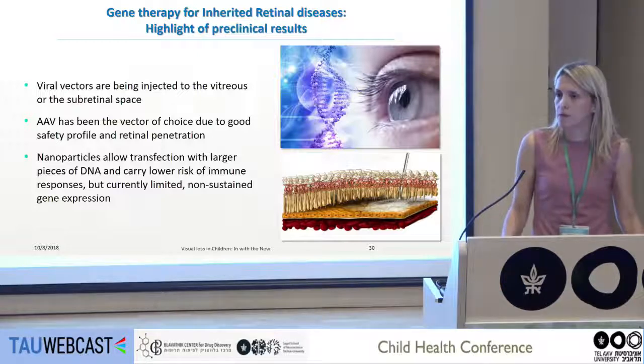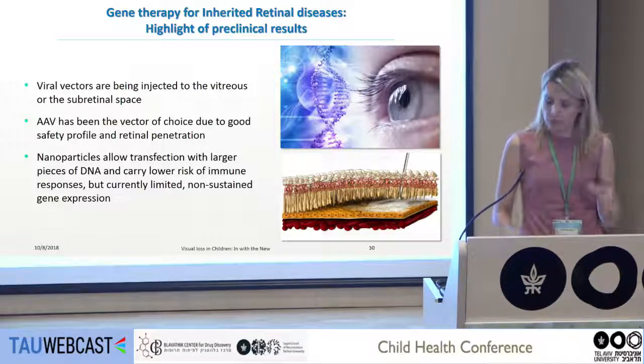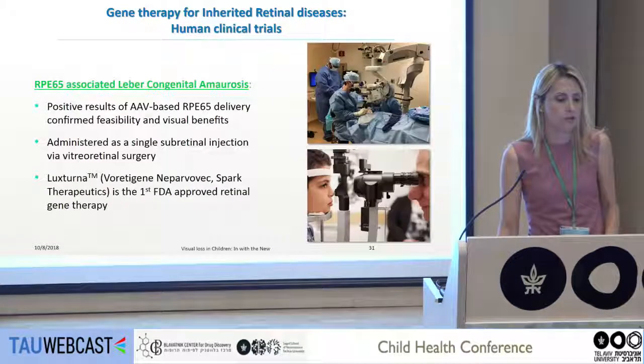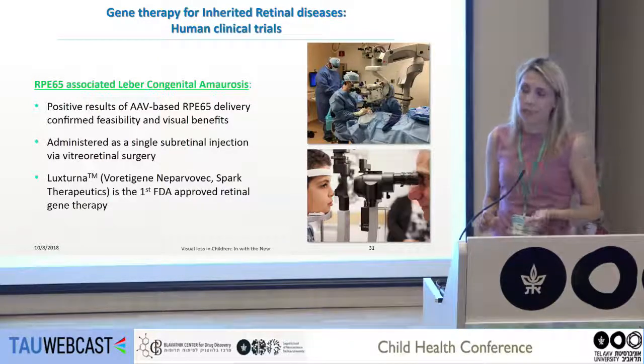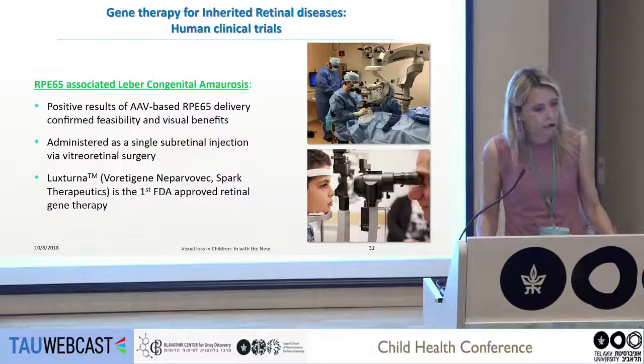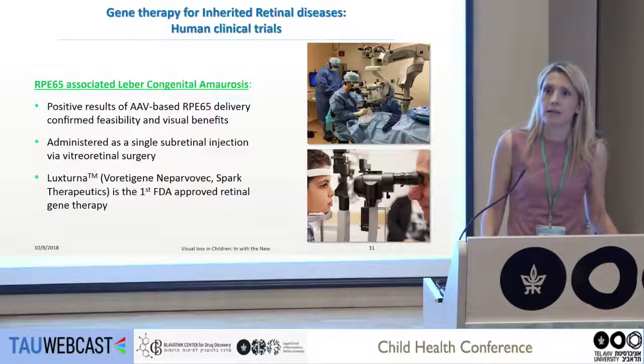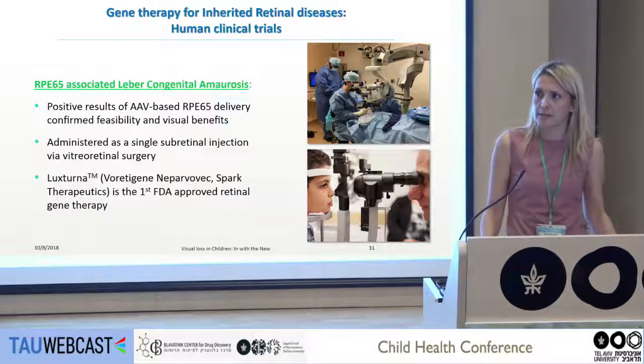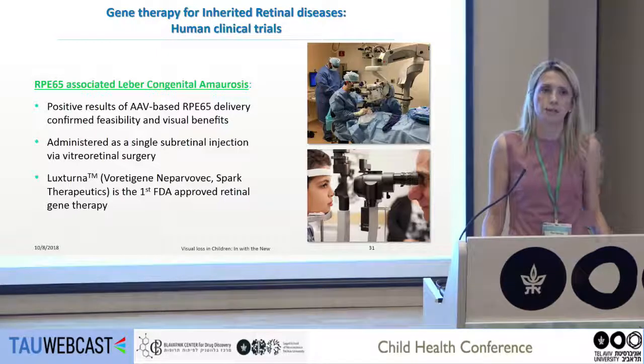Encouraging animal studies provided results that paved the way towards ongoing clinical trials. The first success in humans was seen with the RPE65-associated Leber congenital amaurosis, which is a very severe form of retinal degeneration characterized by visual impairment from birth.